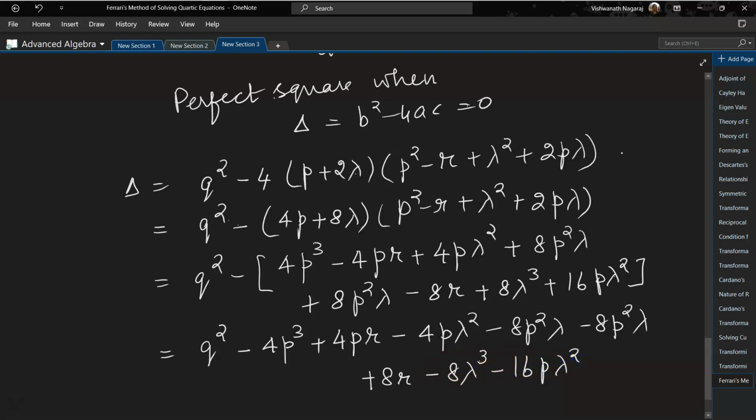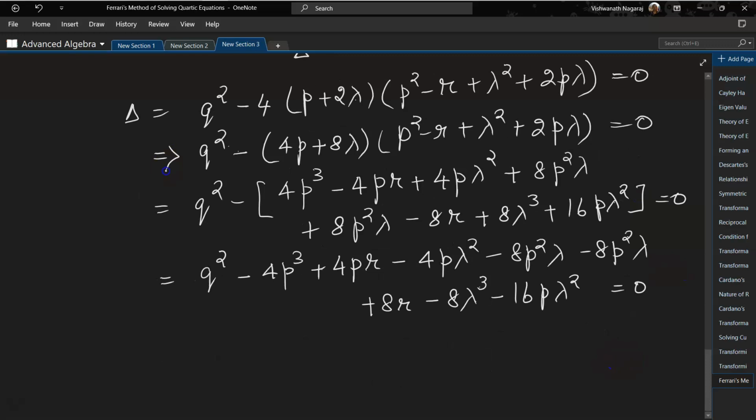Okay, remember all these should be equal to 0. So here we have to keep on writing equal to 0, which means we have to say implies. Okay, now this is a. Let's see whether we can simplify it further.